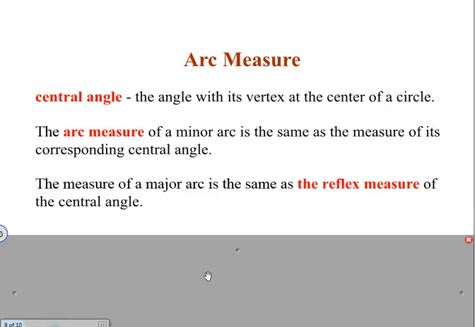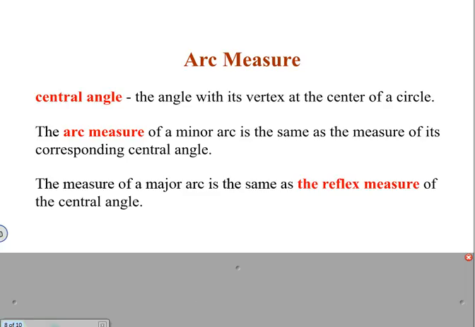The measure of a major arc is the same as the reflex measure of the central angle. The reflex measure of an angle is 360 minus the angle.